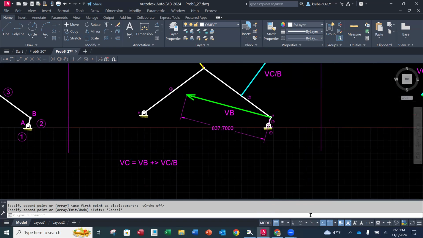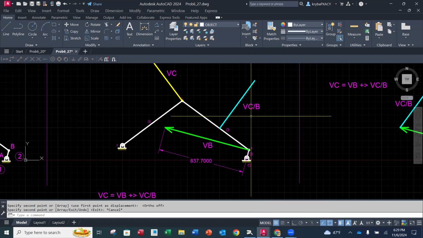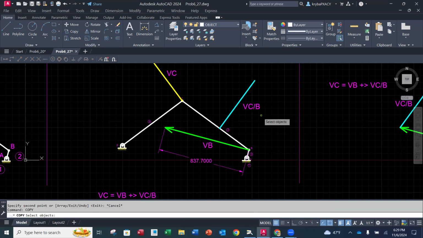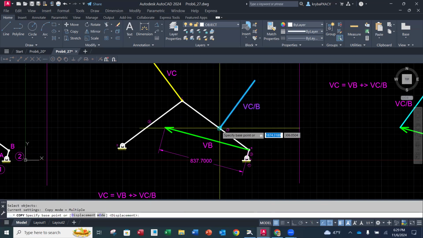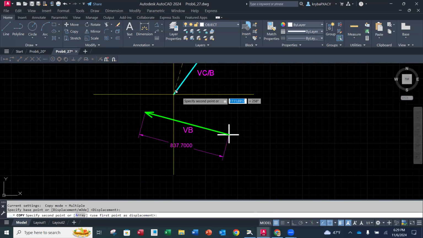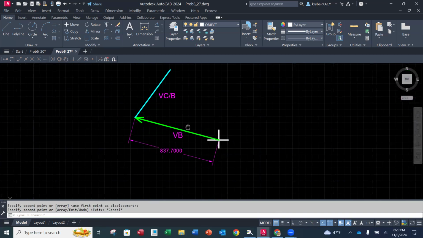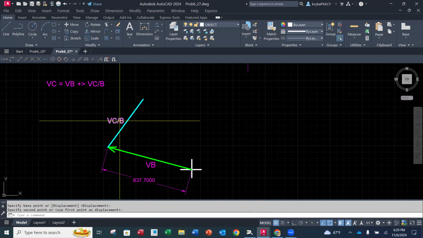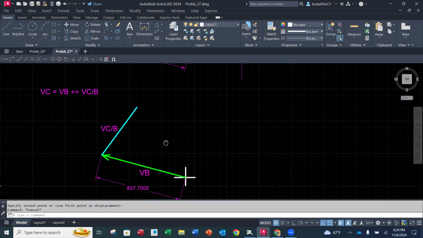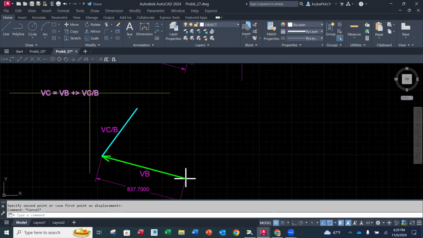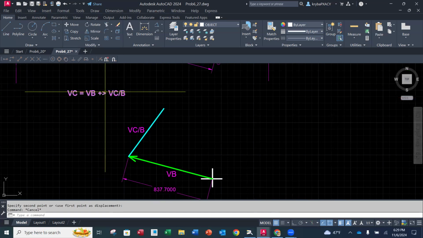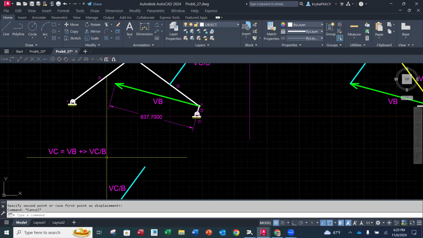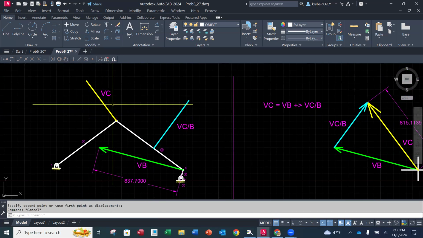Then on the end point, I'm going to add the direction of C relative to B. So I'm going to copy this line, and I'm going to go from that endpoint or anywhere along. I'm going to add it to the tip of my vector VB. Okay. Now I've exhausted what I can do on the right-hand side of my equation. So I'm going to go over that equal sign and I'm going to place my velocity of C. I know my line of action.